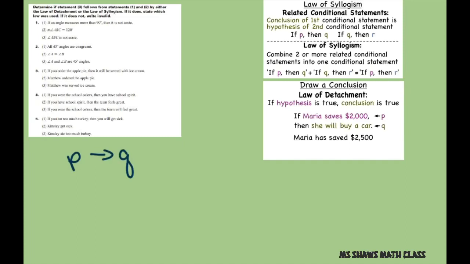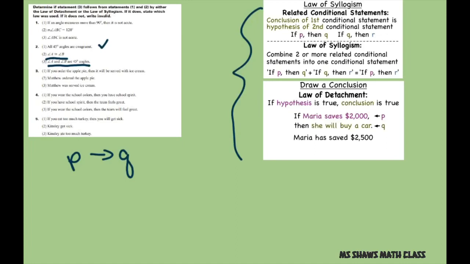It just says all 45-degree angles are congruent, and A is congruent to angle B, but it doesn't say anything about that. It doesn't follow any of these right here.